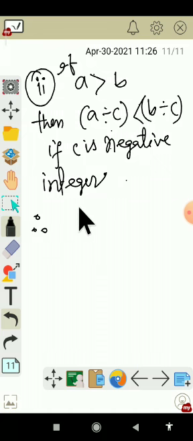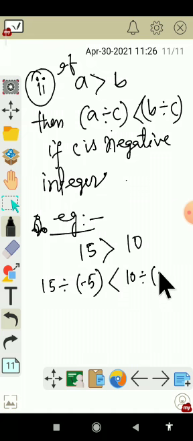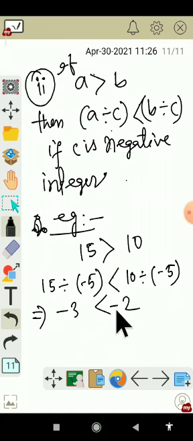So take one example. Suppose 15 greater than 10. Now we are dividing 15 divided by -5 will be less than 10 divided by -5. Check them. This will give us -3 and this will give us -2, and we know that if a negative number is smaller, then it will be bigger. So this property holds here.